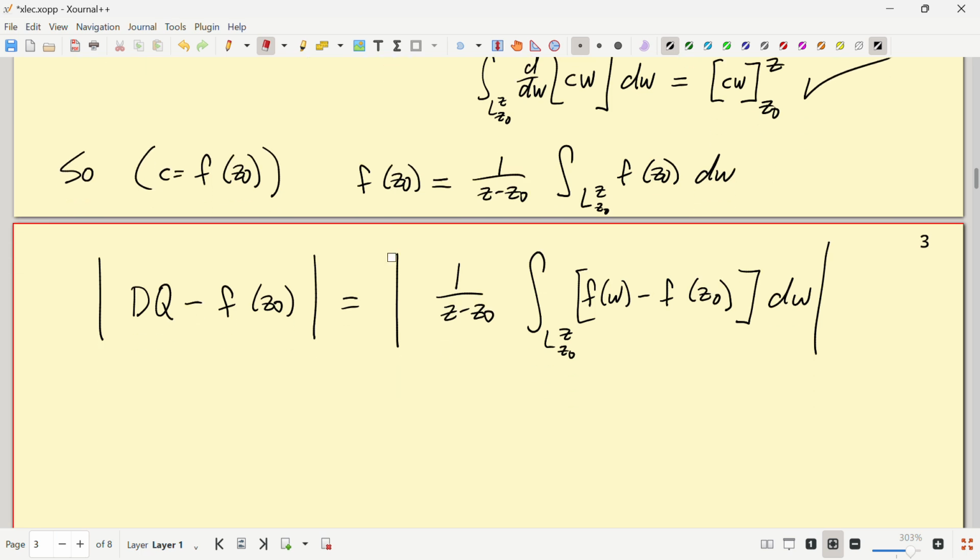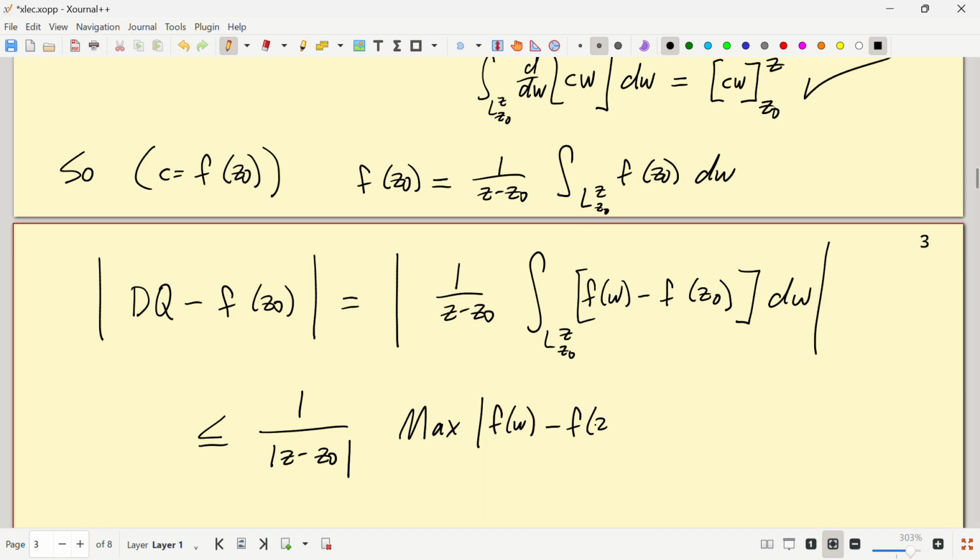Anyway, I want to show this goes to 0, of course. And the way to do that is to just use the basic estimate. This is less than or equal to 1 over z minus z naught times the max of f of w minus f of z naught, where w is in the curve. I'll abuse my notation and say in the curve when I really mean the trace of the curve. So that's the basic estimate: the max times the length of the curve.